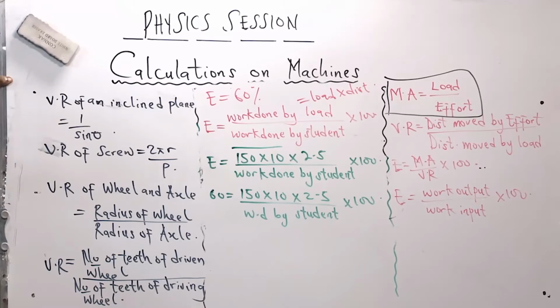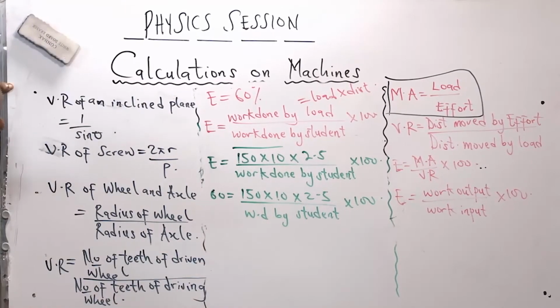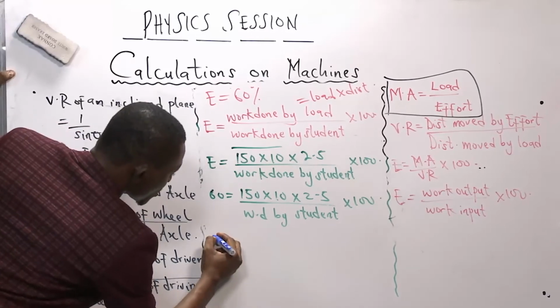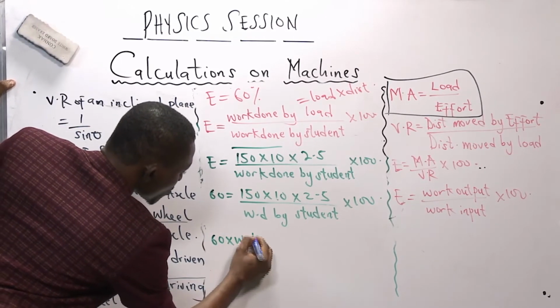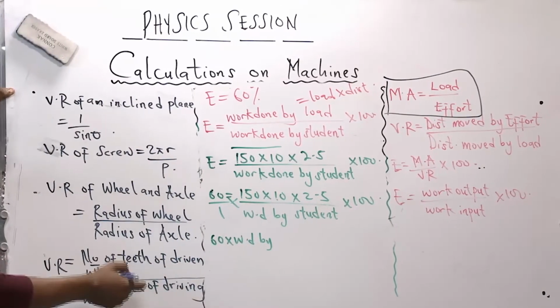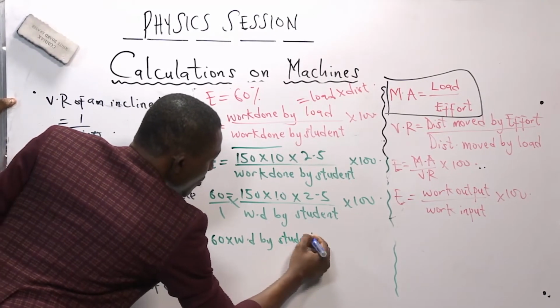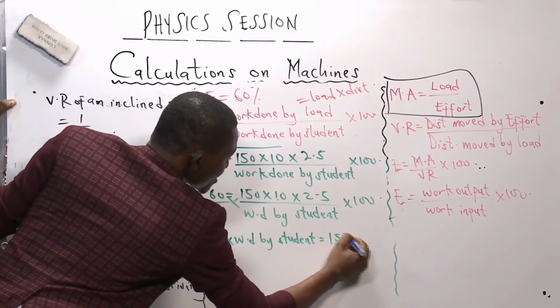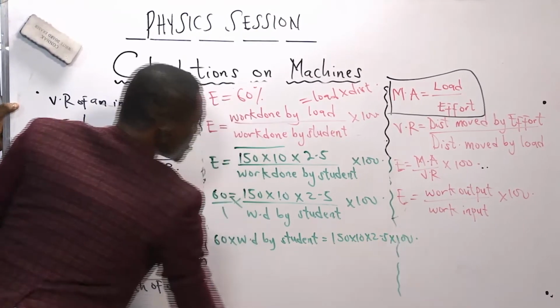If we multiply all that together, 10 times 2.5 would give us 25. Let's do it like this: 60 times work done by students, if we cross multiply, must give us 150 times 10 times 2.5 times 100.